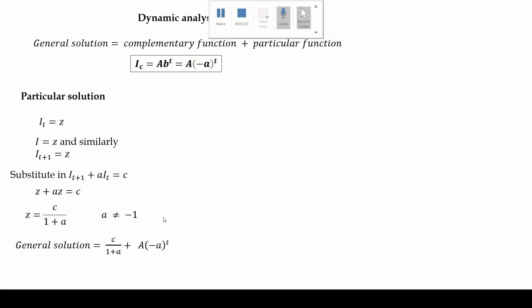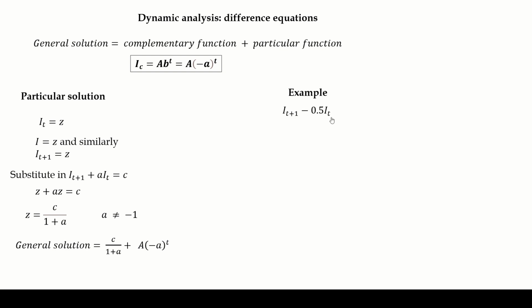Let's take an example of the difference equation and substitute the values for a and c to develop a better idea. So we started with the difference equation where I_{t+1} minus 0.5 I_t equals 0.